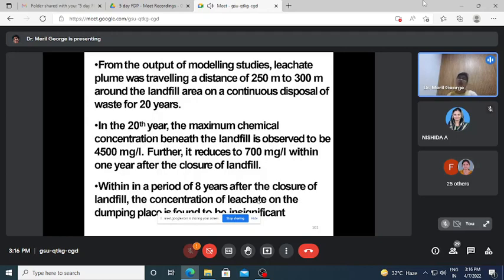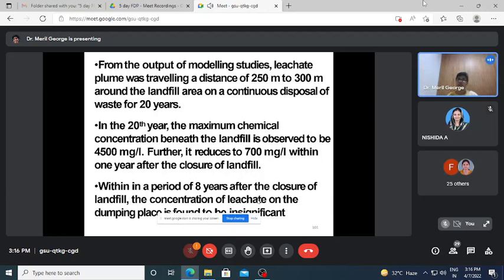From the output of modeling studies, the leachate plume was traveling a distance of 250 to 300 meter around the landfill area on a continuous disposal of 20 years. After 20 years, it has covered 250 to 300. In the first year itself, it has covered 150 to 200 meter area.